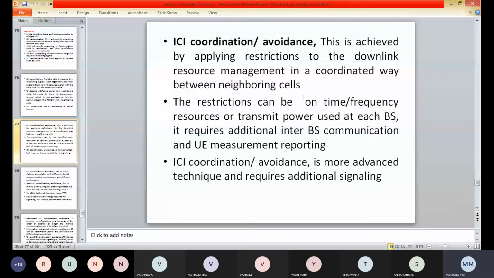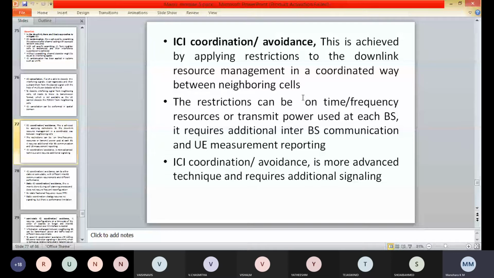Coordination can be either static or semi-static. In this subsection, we focus on the more advanced technique that requires additional signaling. The ICI coordination or avoidance can be static or semi-static, with different inter E node B communication requirements and different performance.